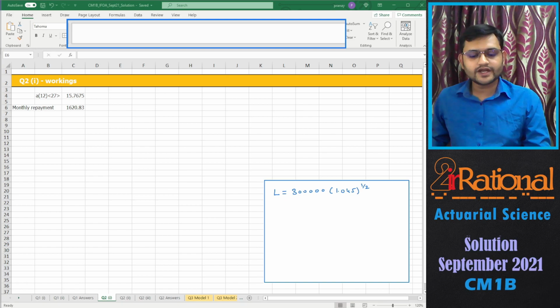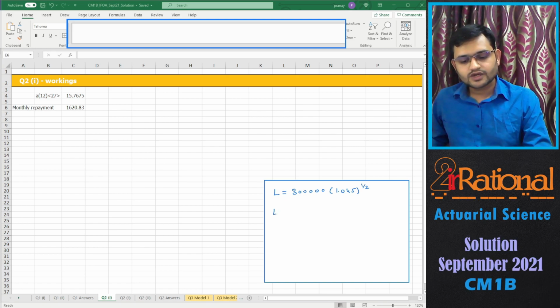So for calculating for the next 27 years, our loan amount must be equal to nothing but our a angle 27 payable 12 times into 12x, x being the monthly repayment that we are paying.